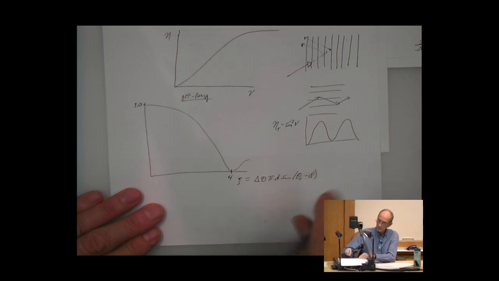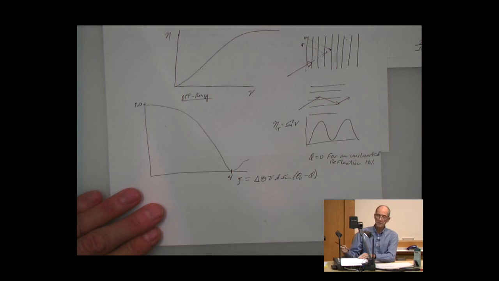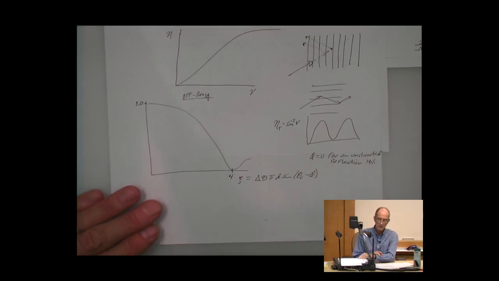And in this case, for an unslanted reflection grating, phi is 0. It could be off from that too; it doesn't have to be 0.